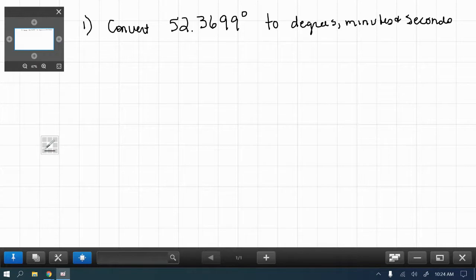Okay. How do you want to do that? How did you do that? How would you want to do that? Would you want to do it in your calculator if you can? Yeah.